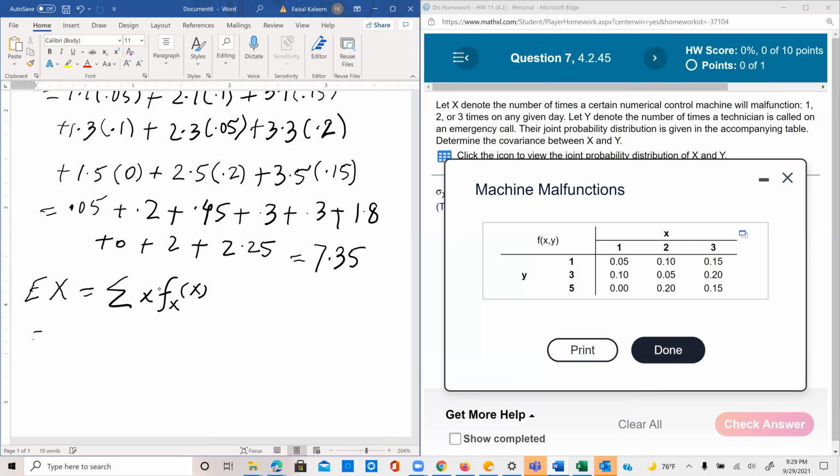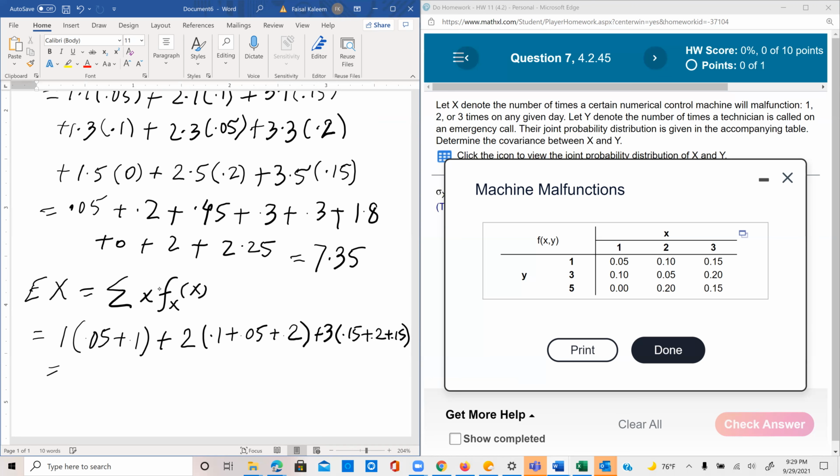So when x is 1, against 1 we have 0.05 plus 0.1 plus 0, and then when x is 2 we have 0.1 plus 0.05 plus 0.2. Then when x is 3, 0.15 plus 0.2 plus 0.15.